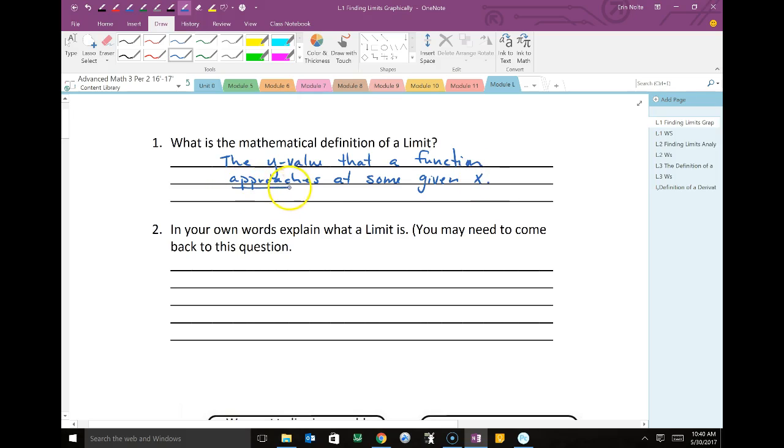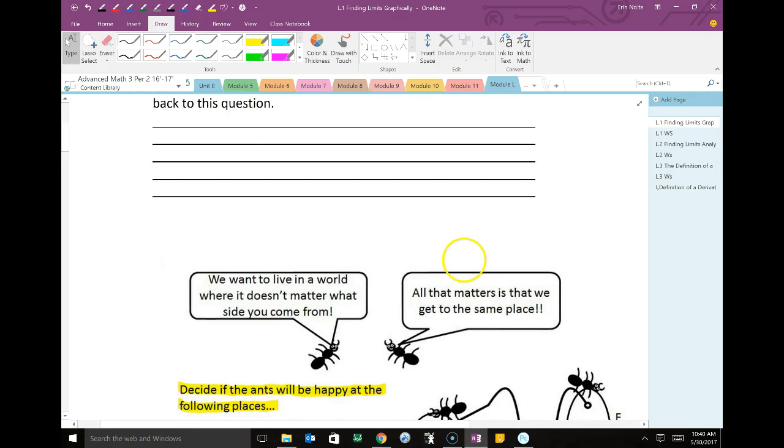The key piece behind all of this is that word approaches. If you're tracing a function from the right or from the left, what is the y value that the function is approaching? We'll come back to this.